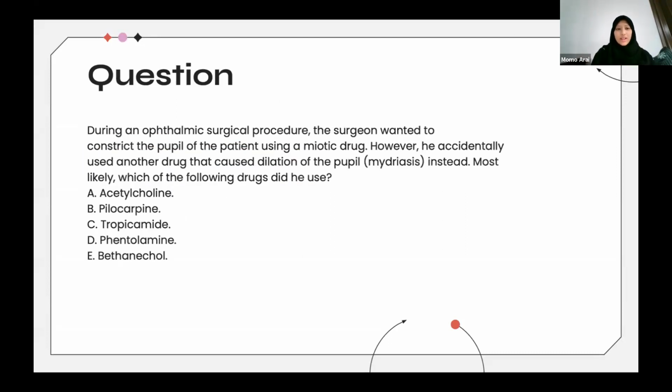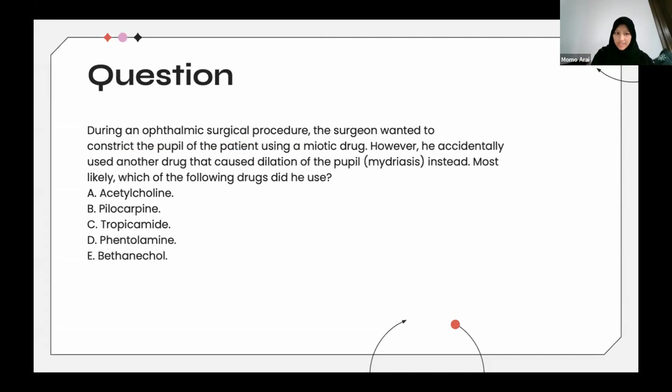So during an ophthalmic surgical procedure, the surgeon wanted to constrict the pupil of the patient using a myotic drug. However, he accidentally used another drug that caused dilation of the pupil, sometimes called mydriasis, instead. Most likely, which of the following drugs did he use?